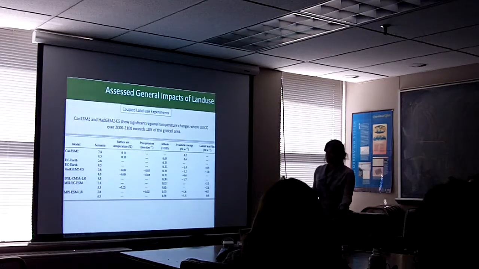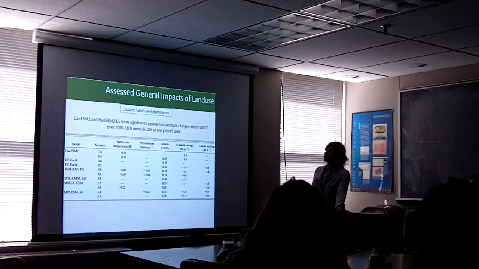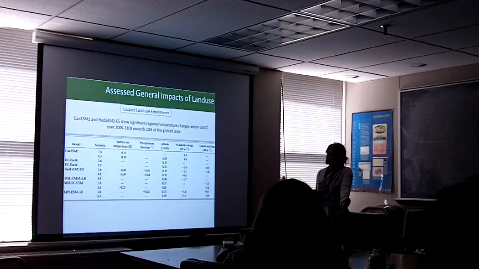When we look at these land use projections alone, there is some variation between the models. The Kenya SM and the Hadley Center were two models, as a subset, that showed significant regional temperature changes due to land use land cover change. And if you look at the temperature response, this is for land areas only, I should say, so all land grid boxes only.